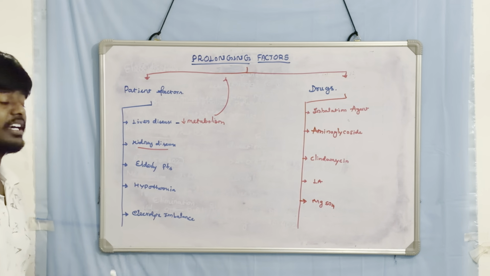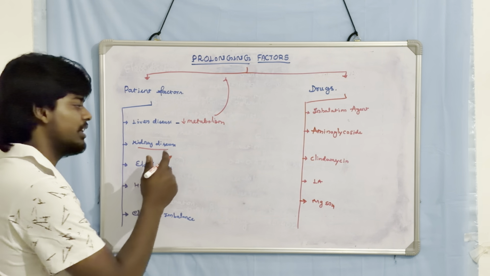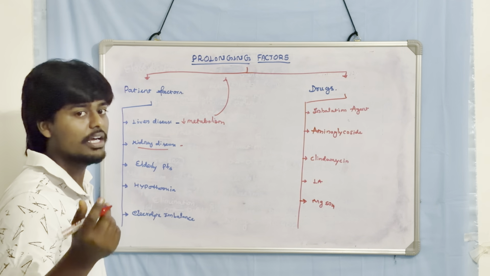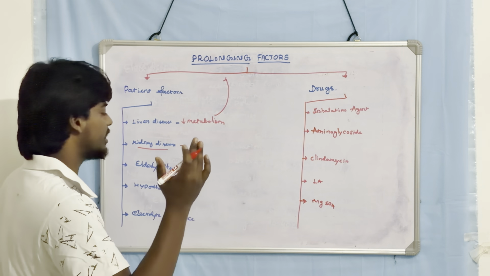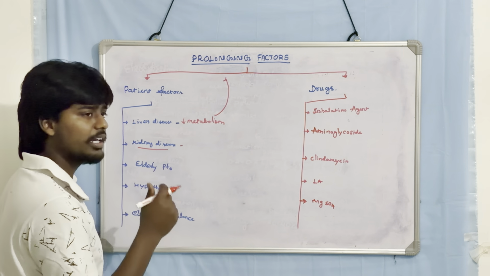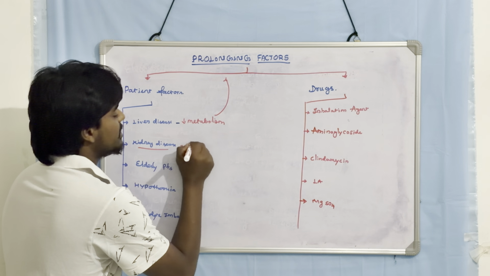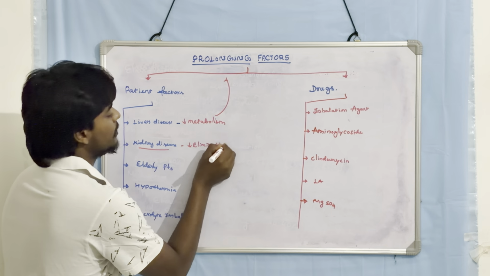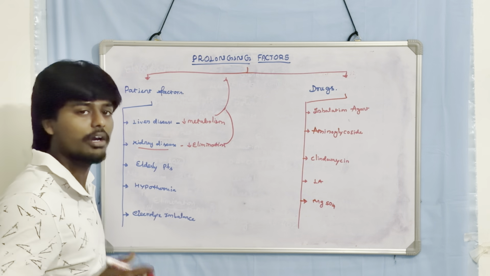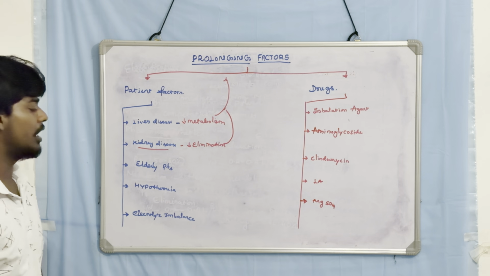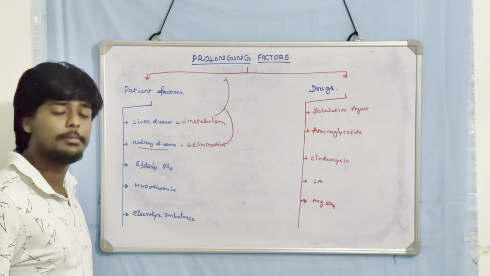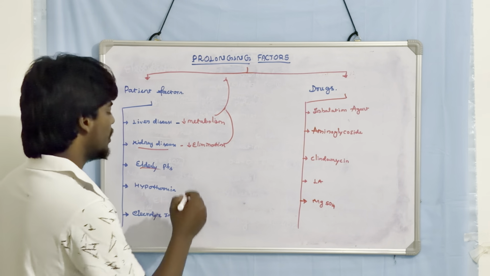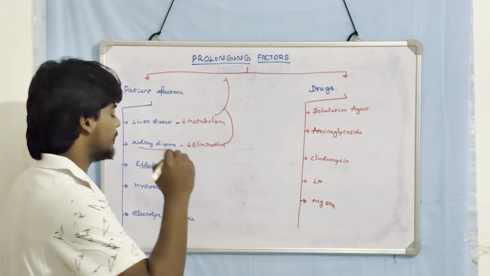The next one is kidney disease. We already know that Vecuronium is excreted through the kidney. A patient with kidney disease has decreased elimination of Vecuronium, leading to prolonging of its action. And elderly patients usually have compromised hepatic blood flow.